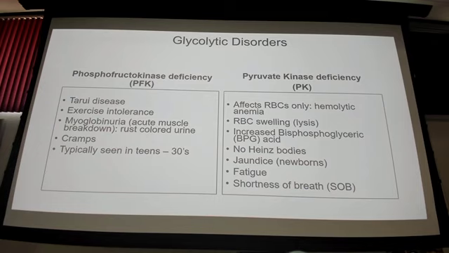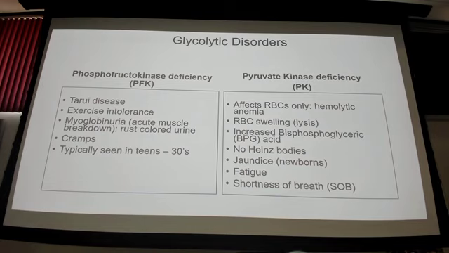Red blood cells do not have mitochondria, so they cannot produce ATP through the electron transport chain. So they rely only on the glycolytic pathway. And because ATP can't be produced, that causes the red blood cells to lyse.